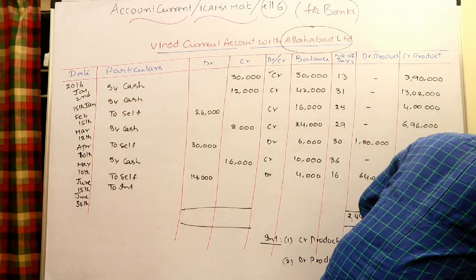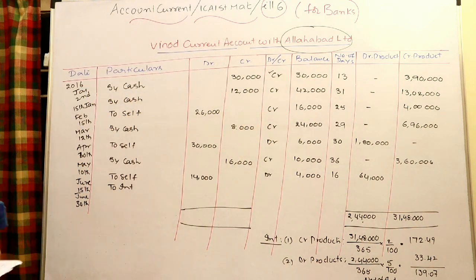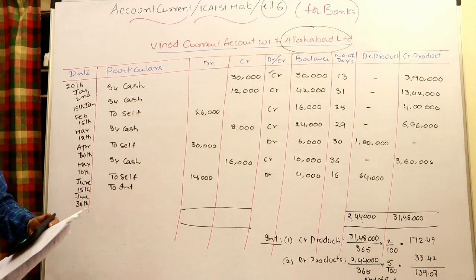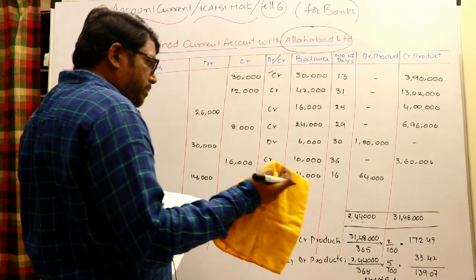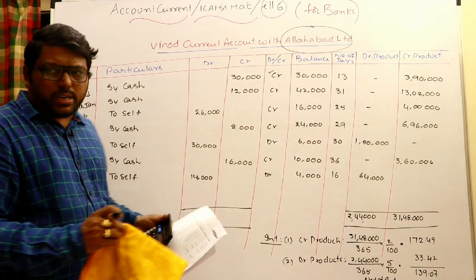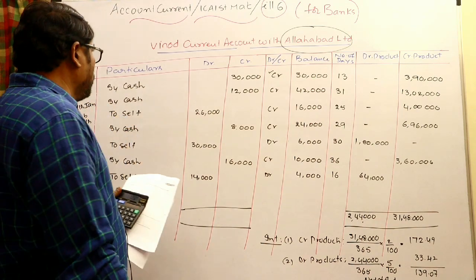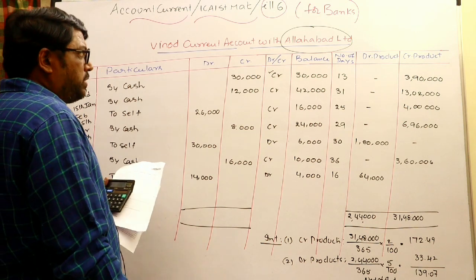Why? Because debit product interest means bank should receive, credit product interest means bank should pay. So bank should pay the interest here to the customer. Because credit product is more, credit interest is more, the bank should pay to the Vinod. So for bank it is expense.